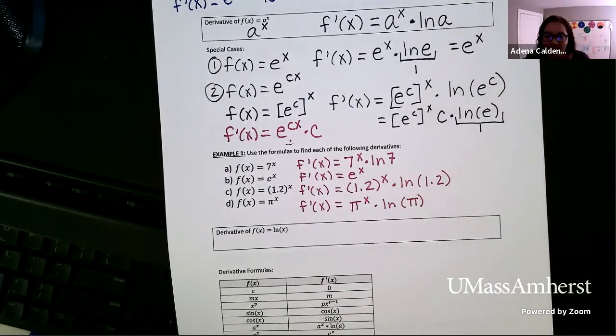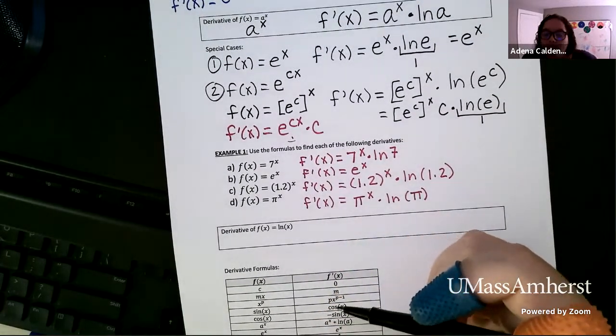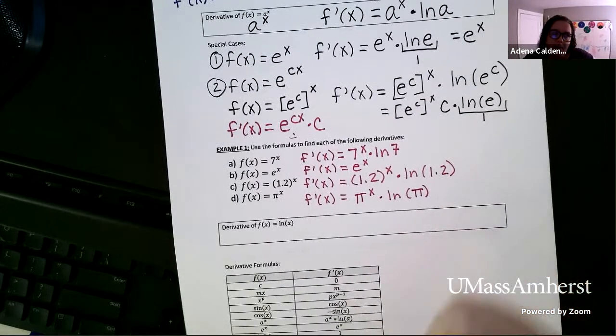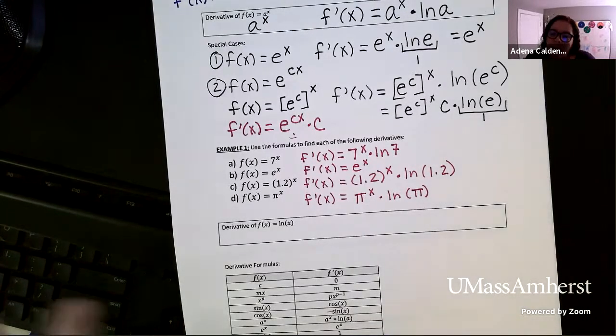We're going to now add one more rule to our list, and then we'll do a quick review of what we know. So the other function that pairs with exponential functions is the natural log. And so if we want to do the same type of pattern finding, we could find the derivative by approximating with smaller and smaller intervals at 0, 1, 2, 3, 4, 5, and then look at what type of function that derivative forms.